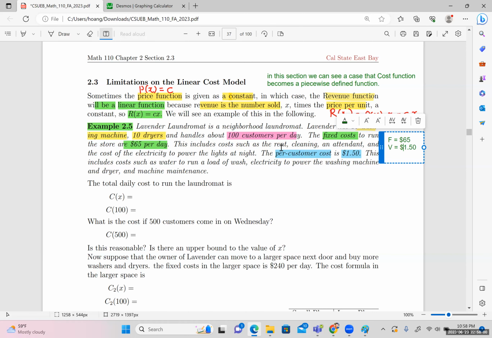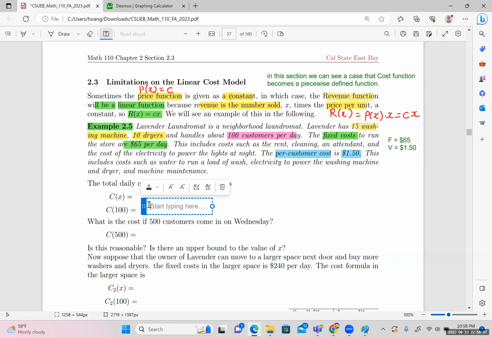So the total cost to run the laundromat is in the form F plus Vx, which we can write as 65 plus 1.50x.